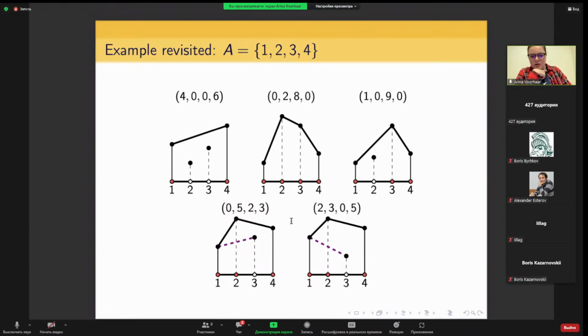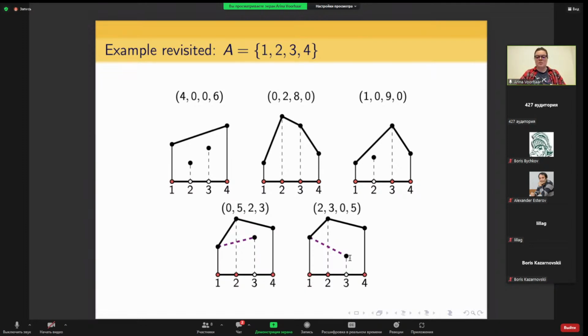And you can see here that these two representatives have the same shape of the roof, but they have different sequences of how we encounter points, because for this interval, when we trace parallel lines to it, we first encounter this point and then this point, while here we first encounter this point and then this point. That's what makes these two cases different.